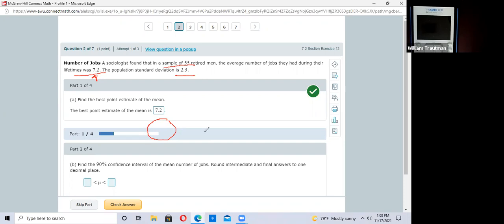The standard deviation was 2.3, the average was 7.2, and N is 55.